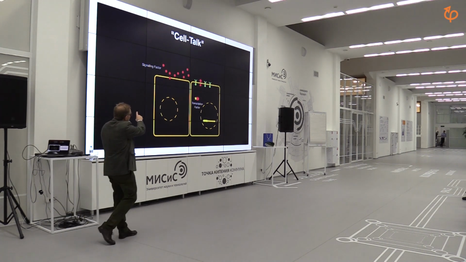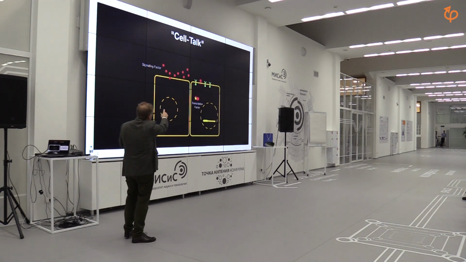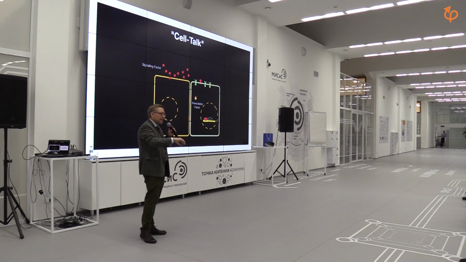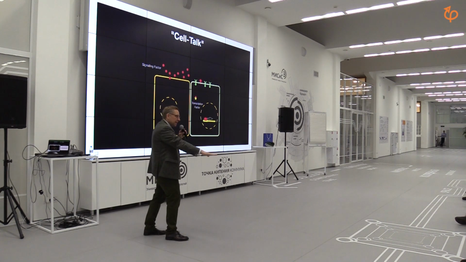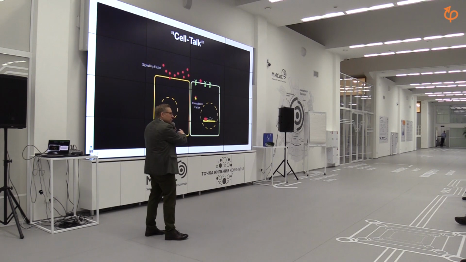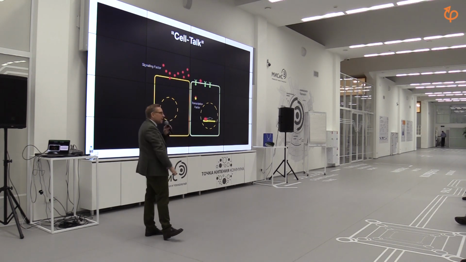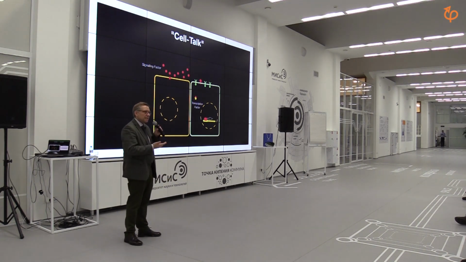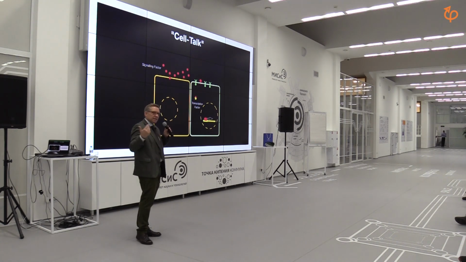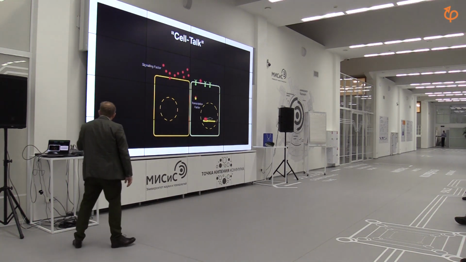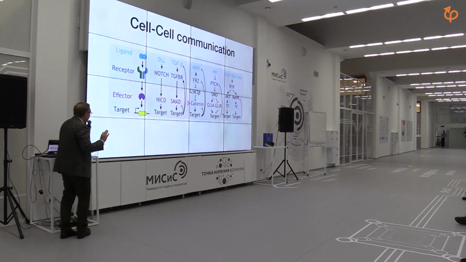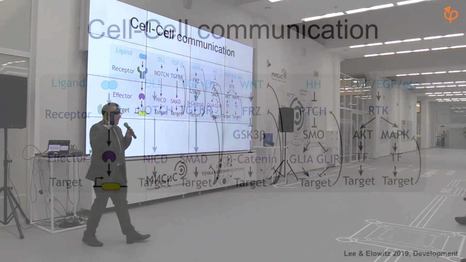These signaling factors bind to receptors. These give a trigger to the cell inside, and then transcription factors bind to the DNA and make the cell different. So you saw the change of the color, which indicates that the neighbor cell gets the information, does something, and becomes maybe a different cell. And this cell-cell communication is happening.